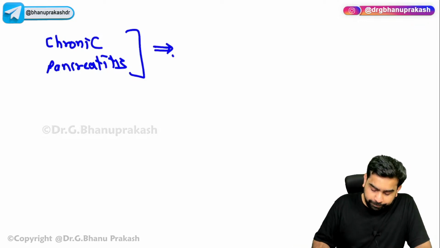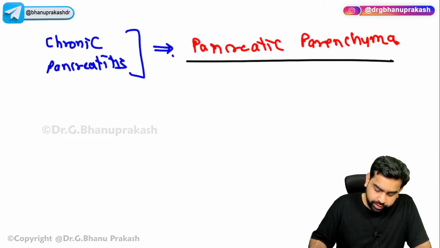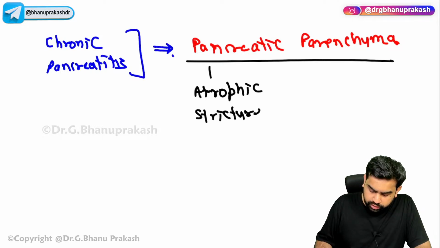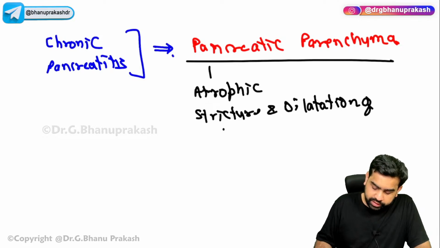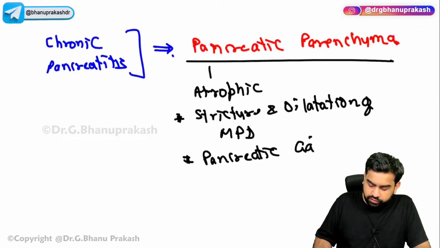So now the pancreatic parenchyma has become atrophic, and there are multiple strictures and dilatations of the main pancreatic duct, and there are pancreatic calcifications present in these particular patients.